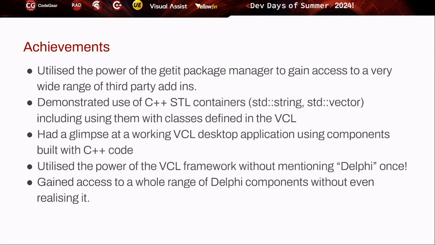But one of the reasons is because the two run in parallel in most cases without anybody having to make any special effort. So by using C++ Builder, you gain access to the whole range of Delphi components, often without even realizing it. It's a great way to get Clang up and running quickly and painlessly.